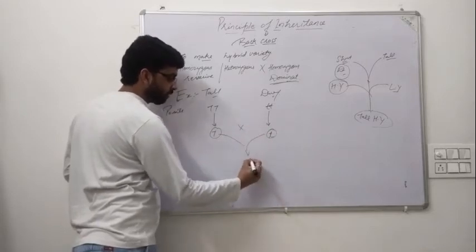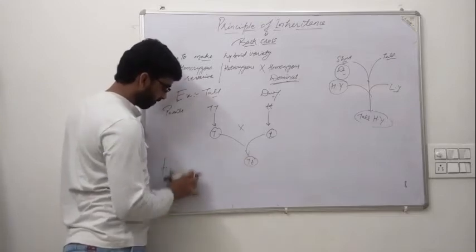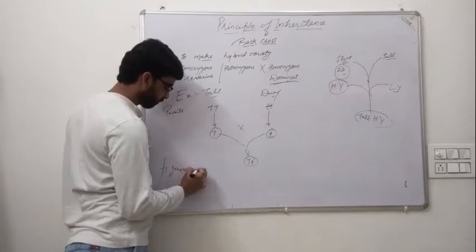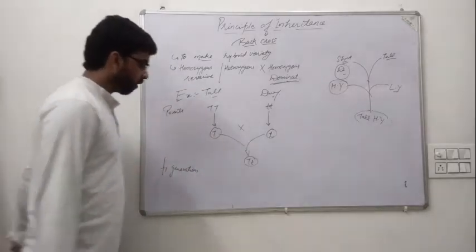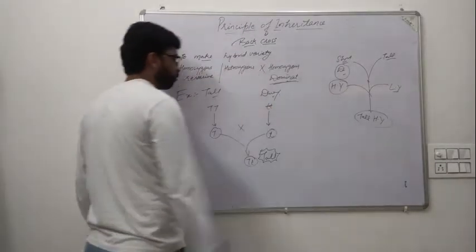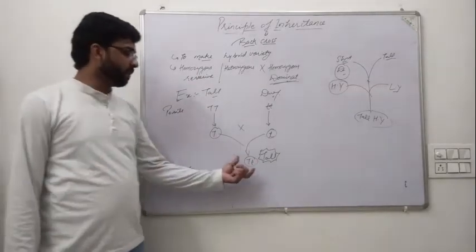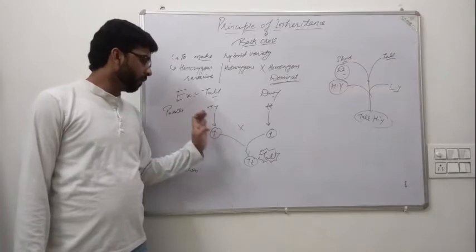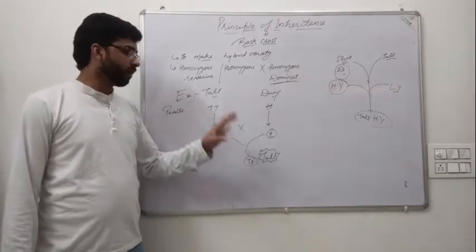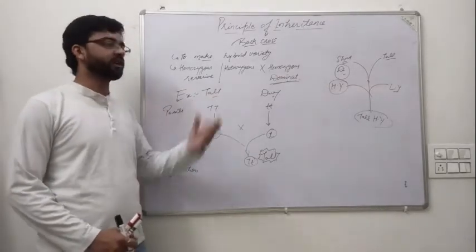Their cross gives capital T small t, the F1 generation, and all characters are tall. This type of cross is used to make a hybrid variety with all the expected dominant characters. If we want to suppress any kind of recessive character, then we use such a cross.